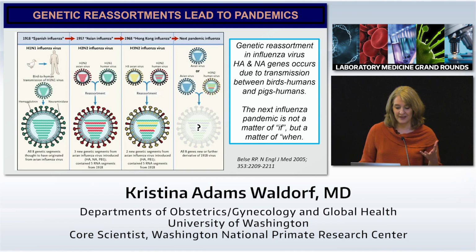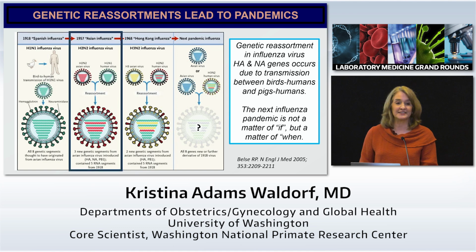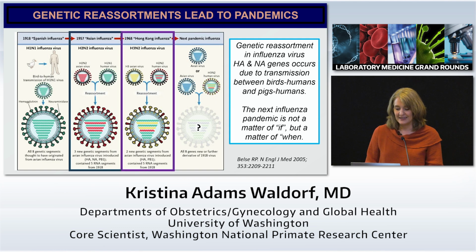It shows how we start with H1N1 influenza virus, and then what happened in 1957 is that we took H2N2 from an avian virus, recombined with an H1N1 human virus, giving you an H2N2 that then could be transmissible in humans. In 1968, we had the Hong Kong influenza, when we used to name everything by the place where it came from. And we had an H3 avian virus that recombined with an H2N2 human virus, making it transmissible among humans to make an H3N2.